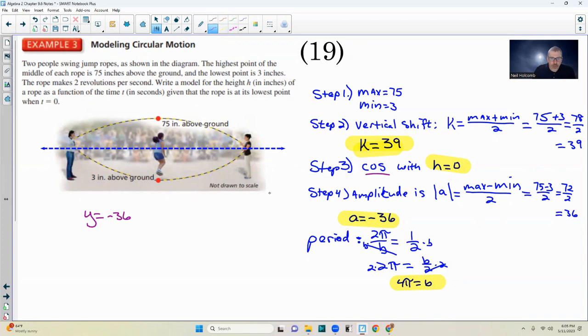We decided it was cosine. b is 4 pi. h was 0. And k was 39. So the equation of this skip rope spinning around is y equals negative 36 cosine 4 pi t plus 39. Okay, so now try this process with exercise 19.